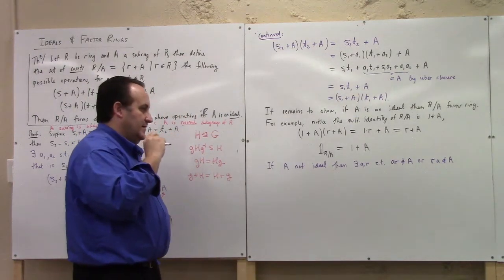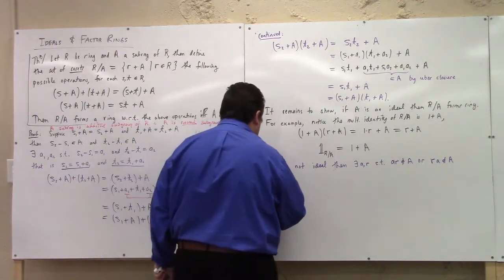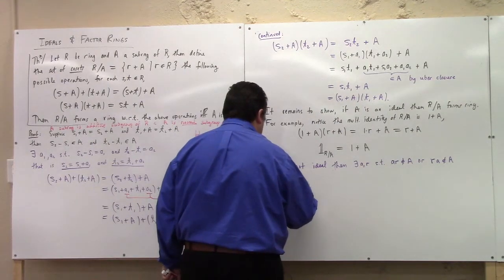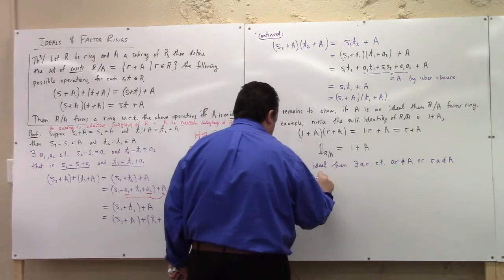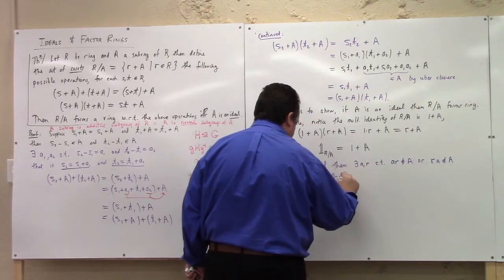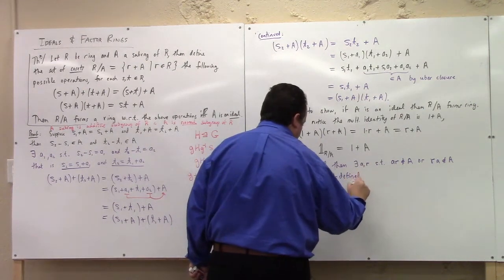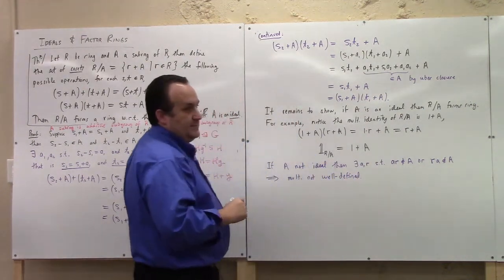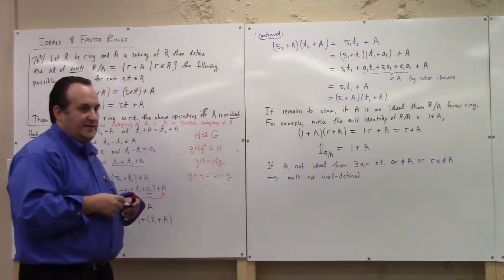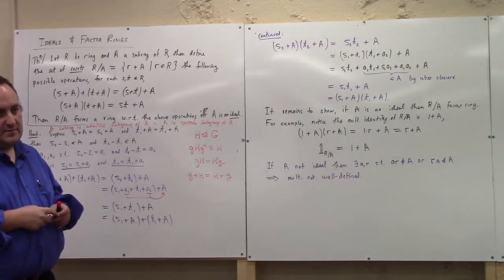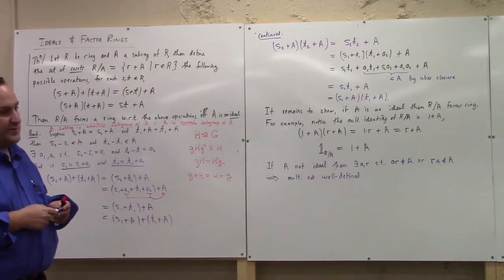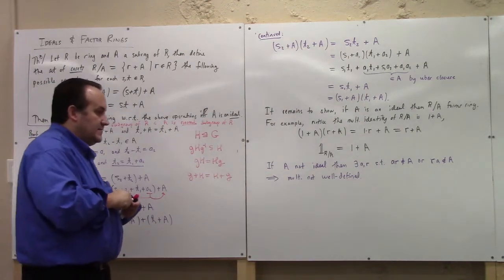So this implies that the multiplication is not well defined. And if the multiplication is not well defined, it's not going to give you a factor ring. So closure under multiplication by ring elements is necessary for the multiplication to be well defined, is the key.